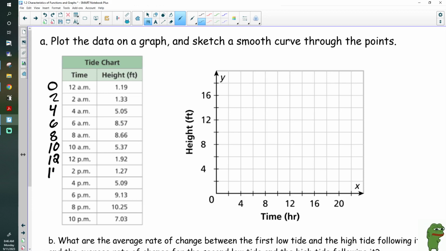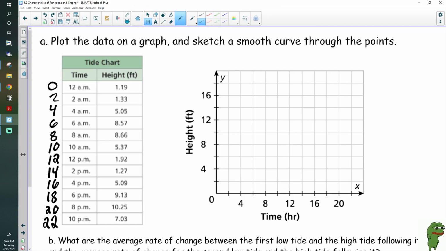So we'd be 14, 16, 18, 20, 22. There's almost one full day, 22 hours. It's just a lot easier to interpret than trying to change our times into math, or math back into times. Instead of counting the time of day, we count how many hours. So let's plot some points.